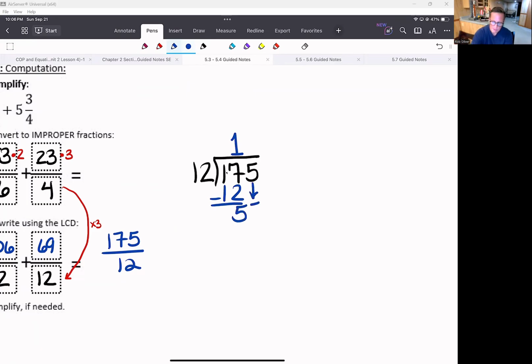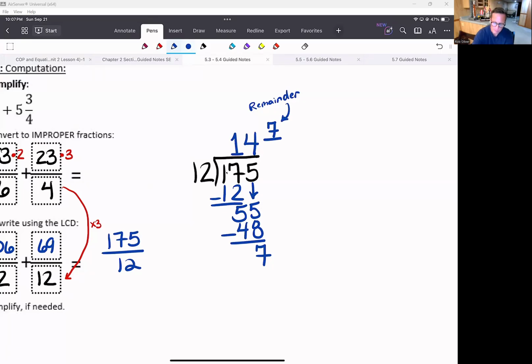Drop down the 5 in the dividend, and now repeat. 12 divides into 55 4 times. 5 would be 60, which is too big. So 4 is good because 4 times 12 is 48. Subtract, and you get 7. And so remember, your remainder becomes your numerator. You want to put your remainder up there.